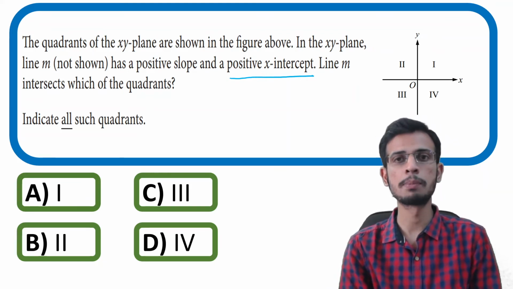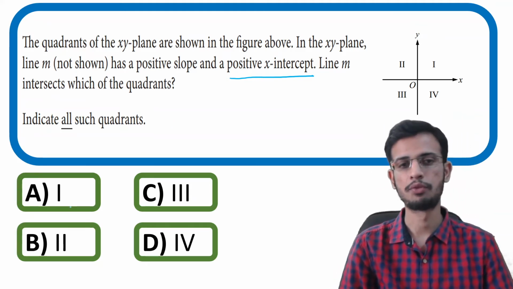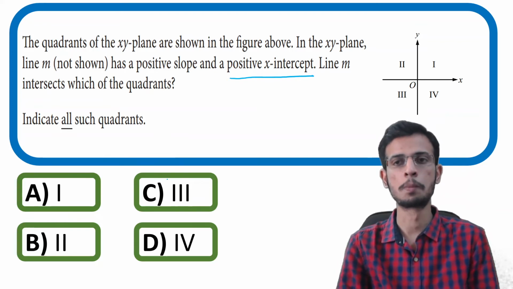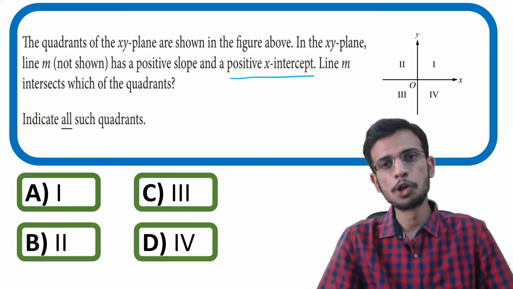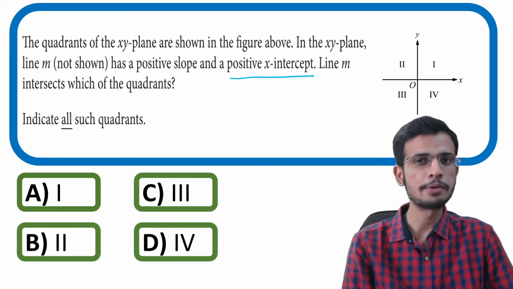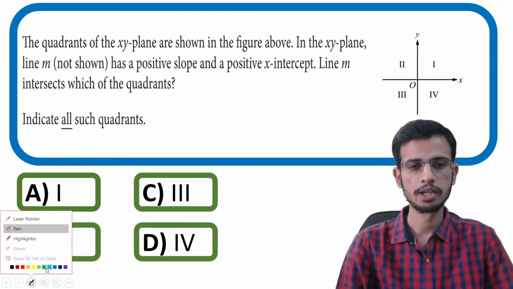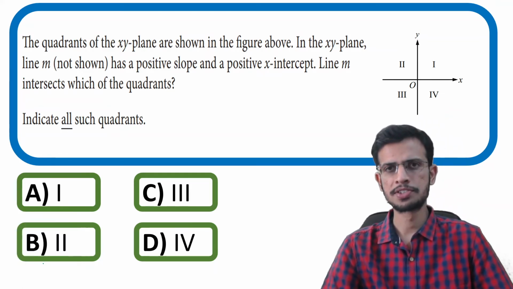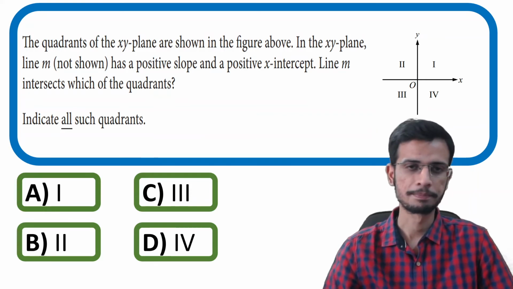This is a multiple choice, multiple selection type of question because we indicate all such quadrants. First, second, third and fourth are our options. So the line has a positive slope as well as a positive x-intercept. You can pause this video if you want to solve this question on your own, or I will help you with this question.